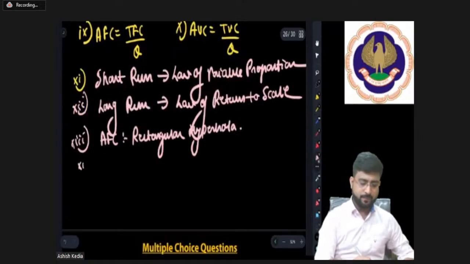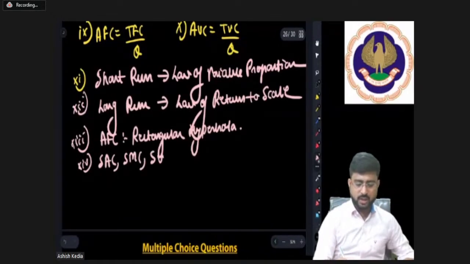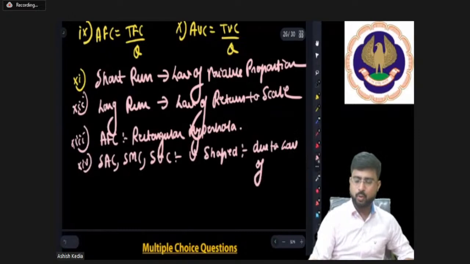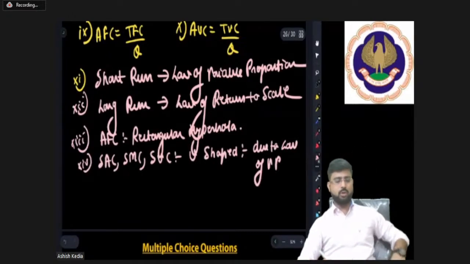Next point, number 14: the short run average cost, short run marginal cost, and short run average variable cost are all U-shaped, due to the law of variable proportion.